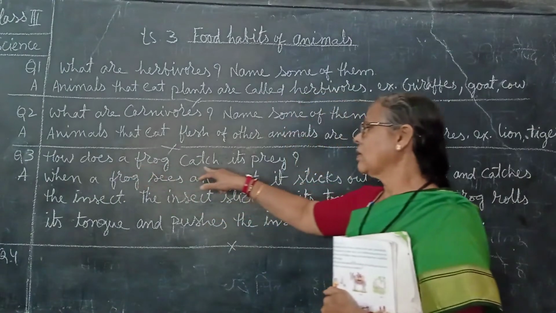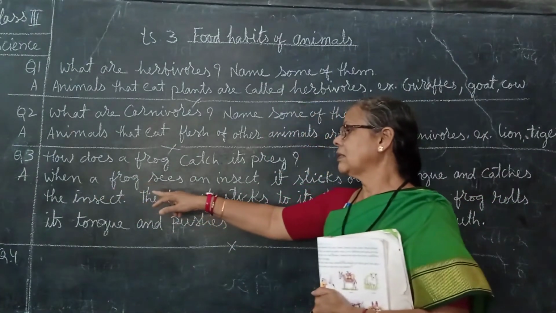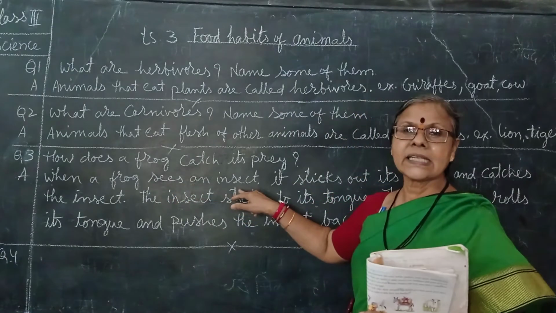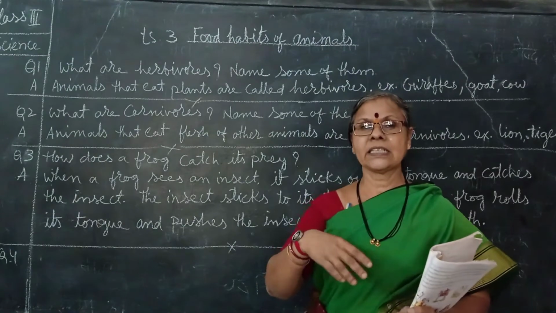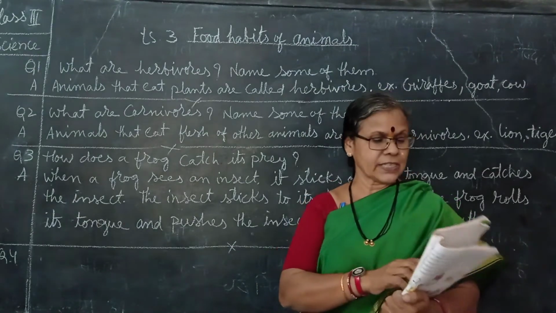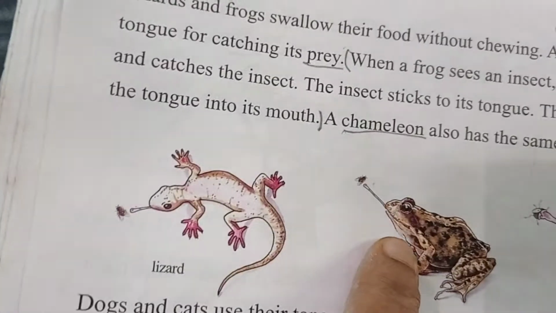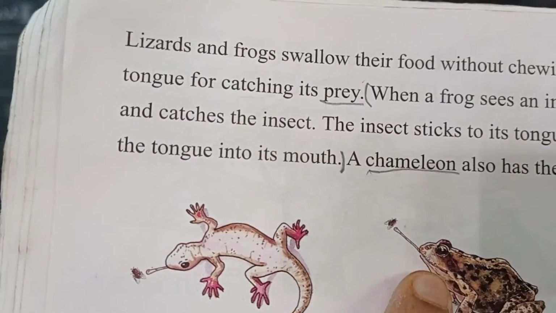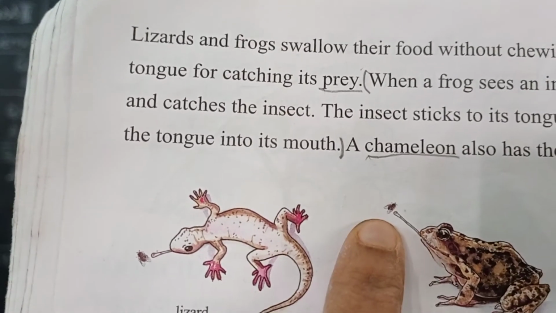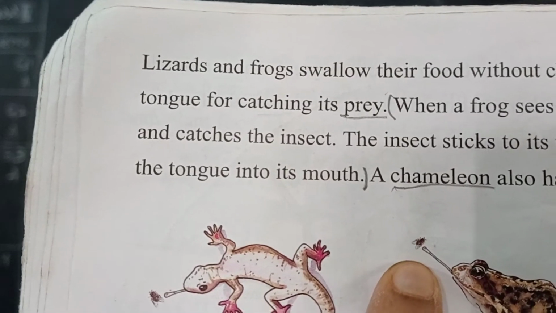How does a frog catch its prey? When a frog sees an insect, it takes out its tongue. See, it will take out its sticky tongue and catches the insect.